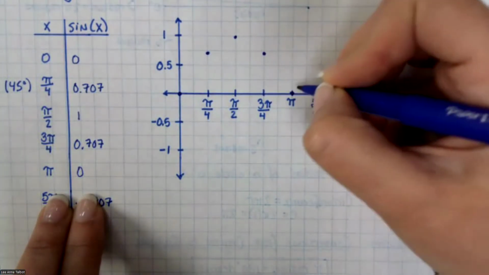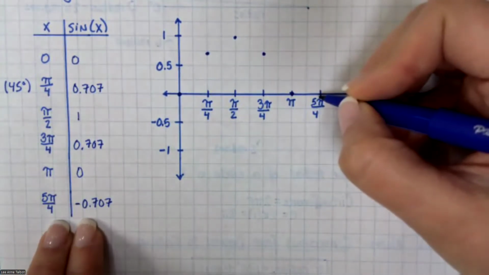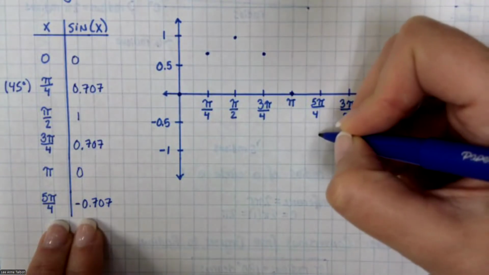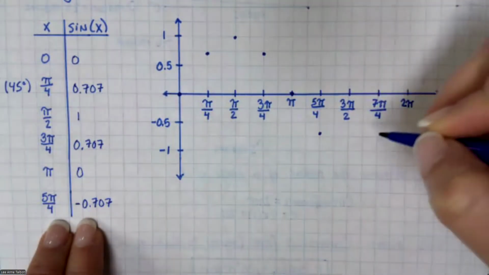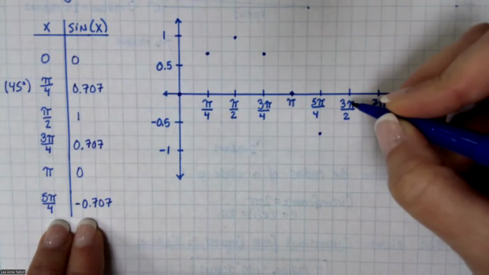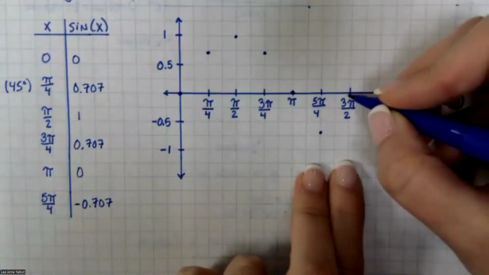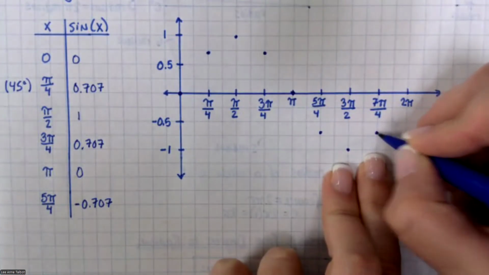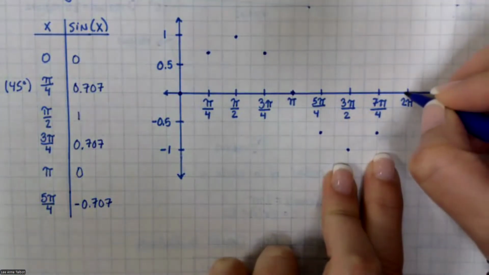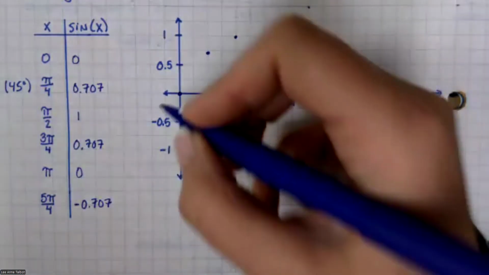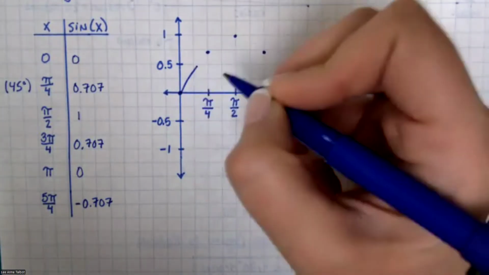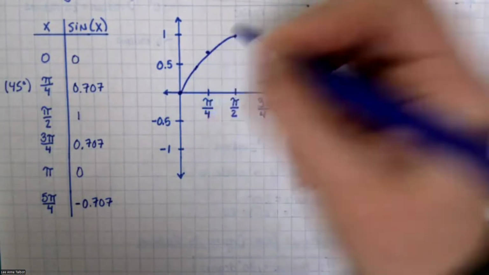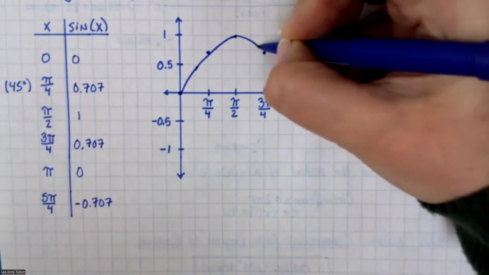Pi is 0. 5 pi over 4 is negative 0.707. And then can you see where it's going? So this one's going to be negative 1, negative 0.707, and then back to 0. And there's your full cycle of your sine wave, just in radians.